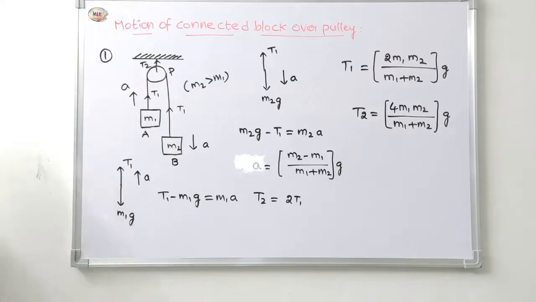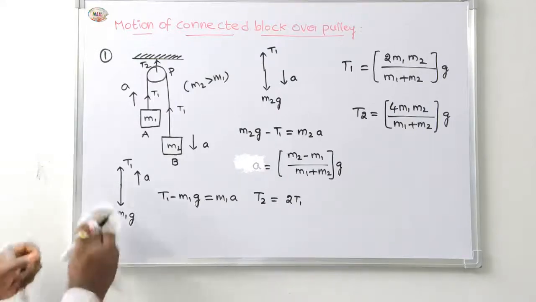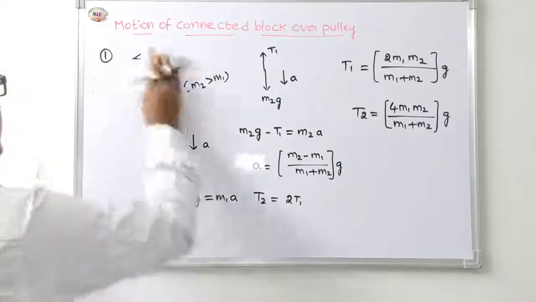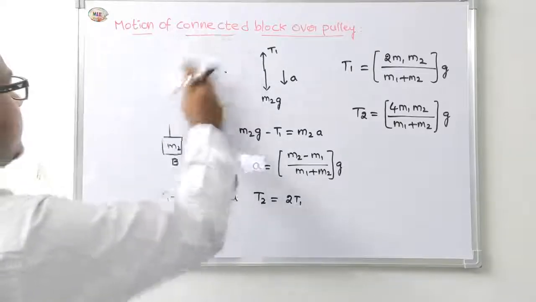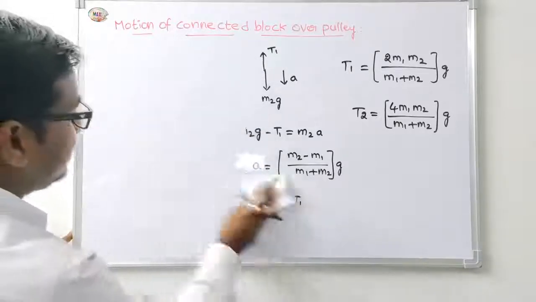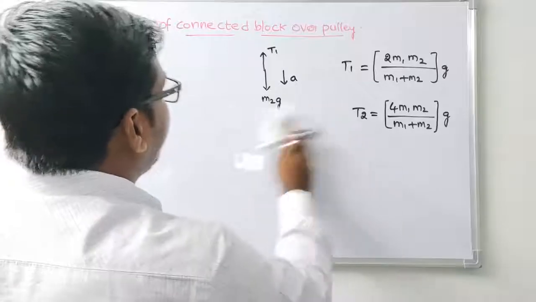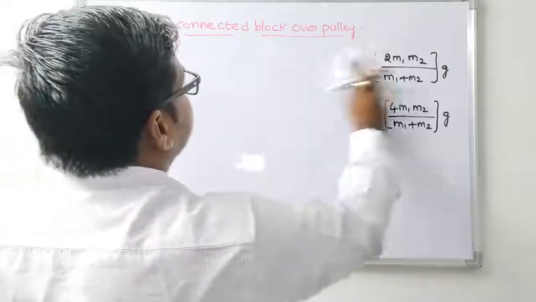Okay, next, the second condition is to take 3 blocks connected to a string passing over a pulley.